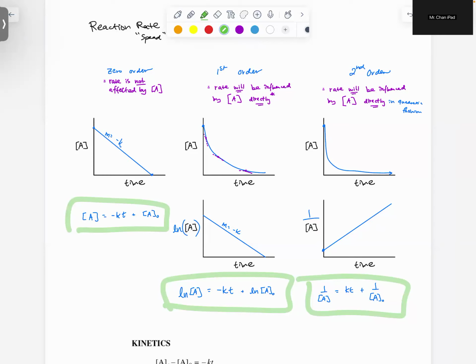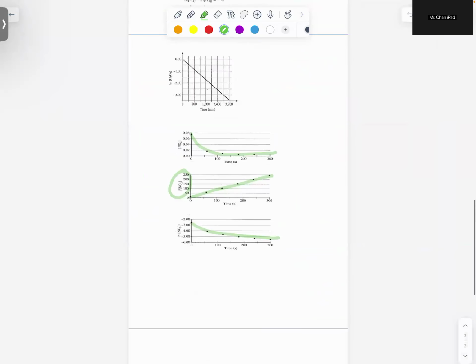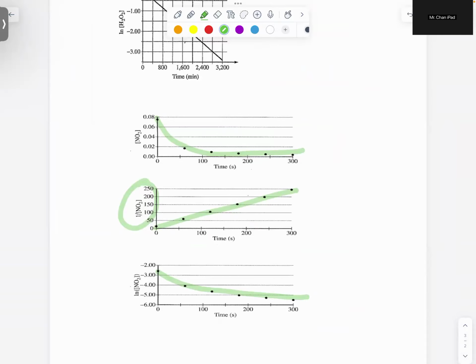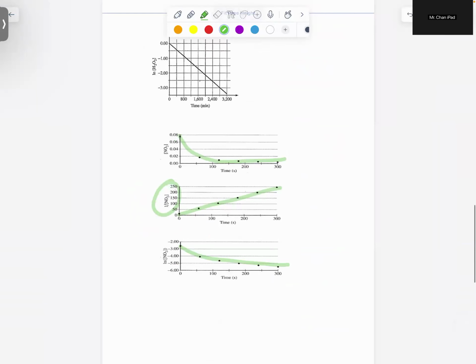It is a second order reaction when 1 over the concentration of a reactant versus time is a linear line. Okay? So that's the key of visually recognizing the order of a reaction. Are we good?